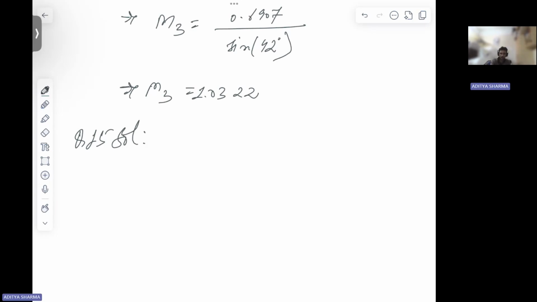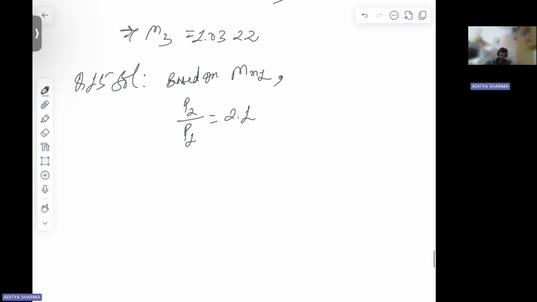We need to find out P3. First we calculate based on Mn1. P2 by P1 is equal to 2.1 from your table, which implies P2 is 2.1 into P1.